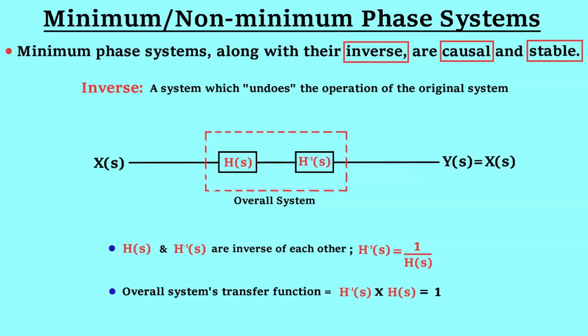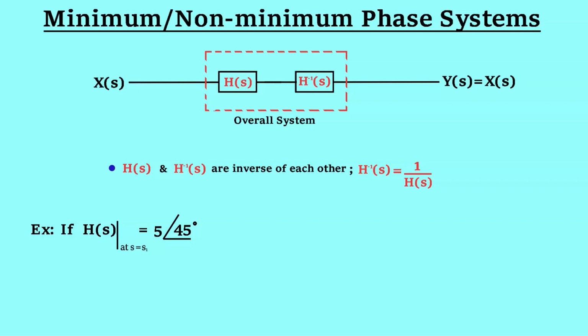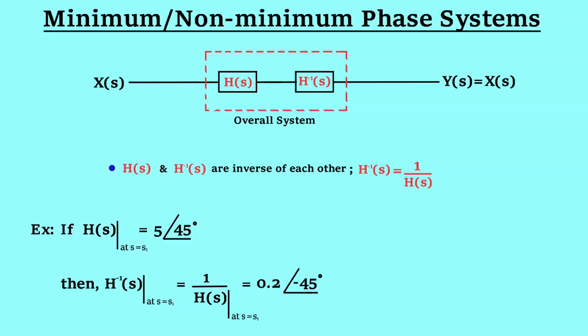The overall system's transfer function will then become the multiplication of H(s) and H inverse(s), which will eventually give us 1. Suppose the value of the transfer function at some value of s is provided in the form of amplitude and phase difference, where 5 is the amplitude and 45 degrees is the phase difference of the transfer function at s equal to s1. Then the inverse system will have an amplitude of 0.2 and the phase difference will be equal to minus 45 degrees when the value of s is equal to s1.